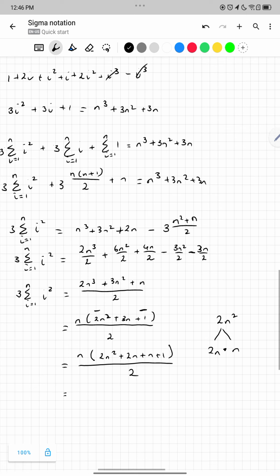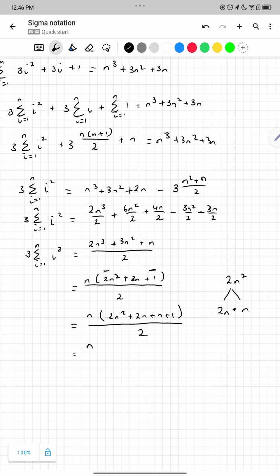So this is equal to n times (n plus 1)(2n plus 1) all over 2.